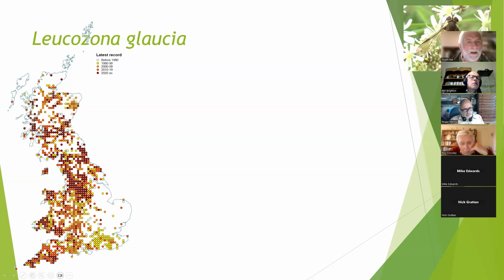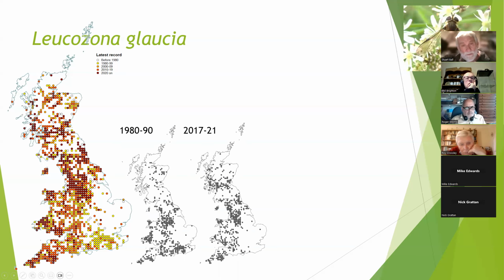At the same time, if you look at this area up in northwest England and western Scotland, there's an awful lot of dark squares, so there are a lot of recent records there. Now, of course, we can't see under those squares, so we don't know what happened in the past on this particular map.